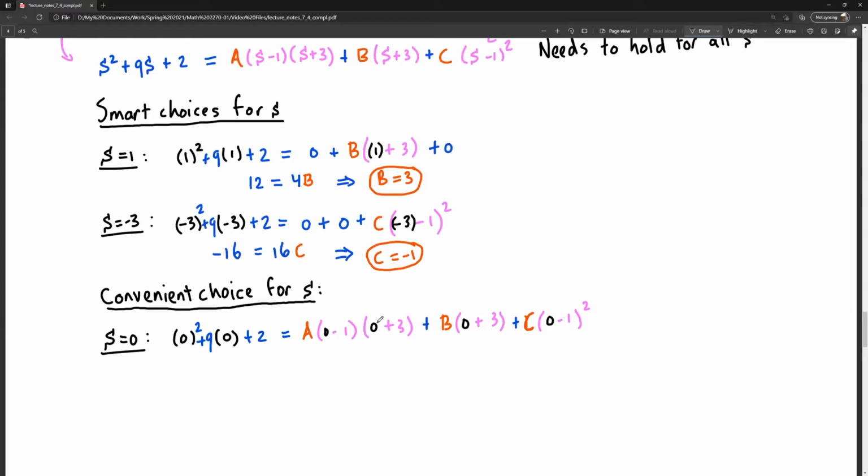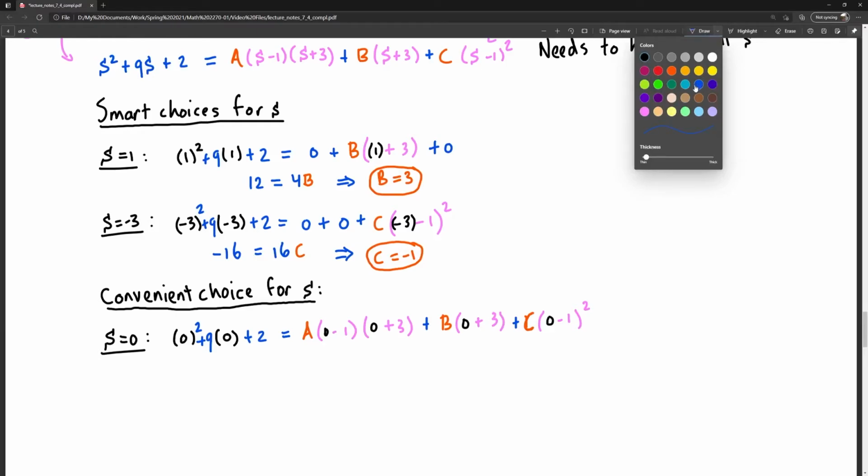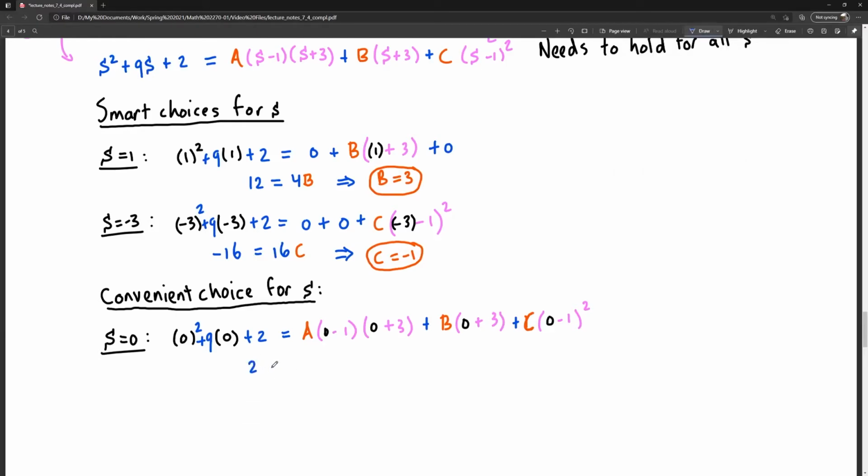Okay, now let's simplify this. On the left-hand side, we just keep 2, and then we get A times negative 1 times 3, so that gives us negative 3A.